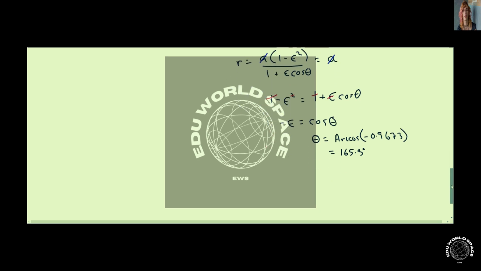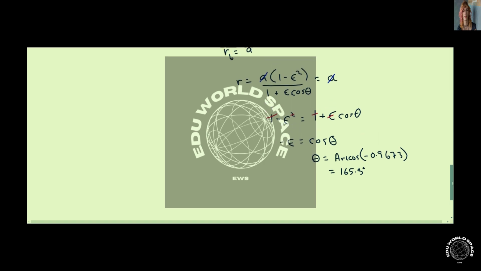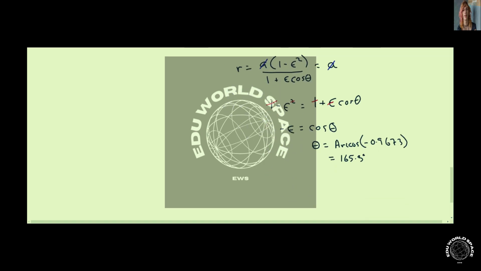So we can now use conservation of angular momentum, that A, which is 17.942 times the velocity times sine of 165.3 degrees. And we can use either the perihelion distance or the aphelion. We'll use the perihelion.